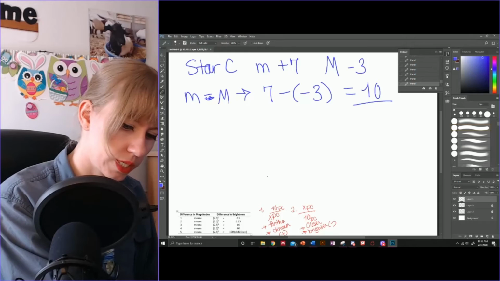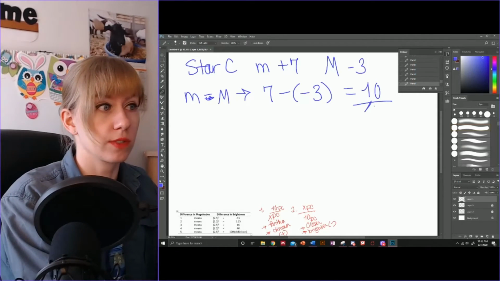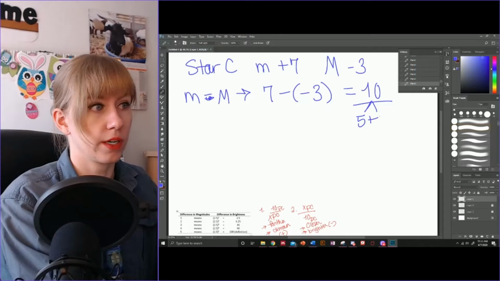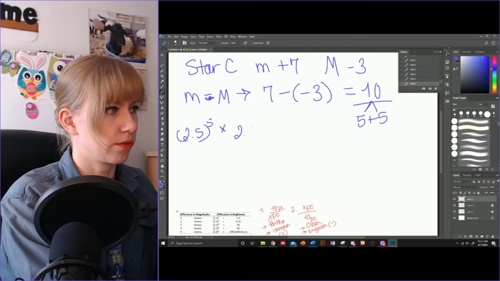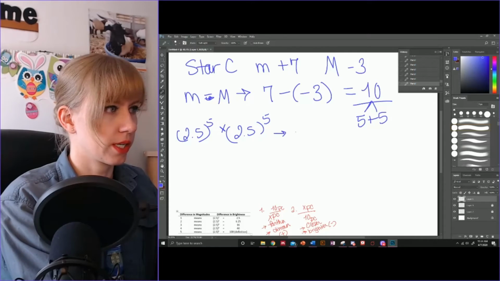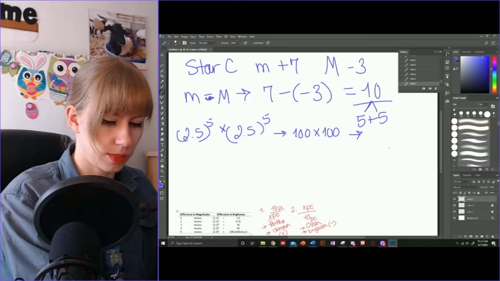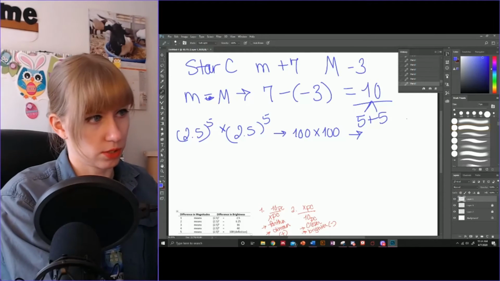What do we do here? Right? Well, this we have to split up. What and what is 10? 5 plus 5, right? So 2.5 to the 5th times 2.5 to the 5th, okay? Which means now we're going to get 100 times 100, which is going to be what? What's 100 times 100? 10,000. Good.